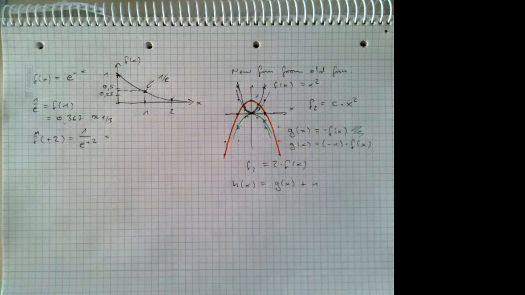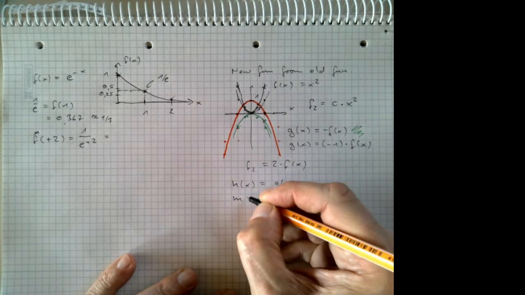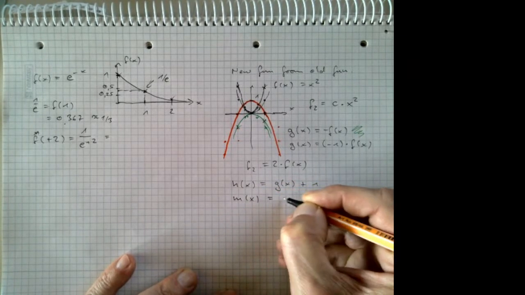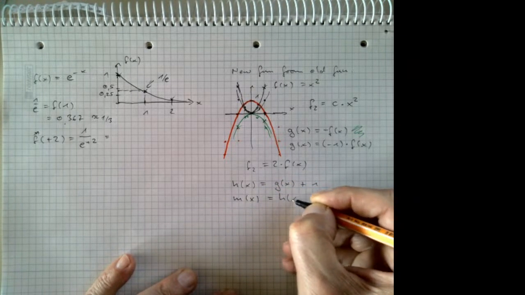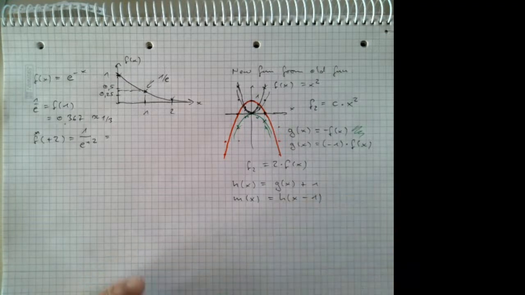Now I need another function name. Maybe m. m of x is h of x minus 1, for example. What now happens is, when you subtract a number in the argument, you move it to the right.